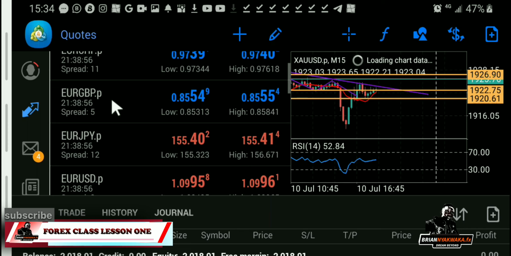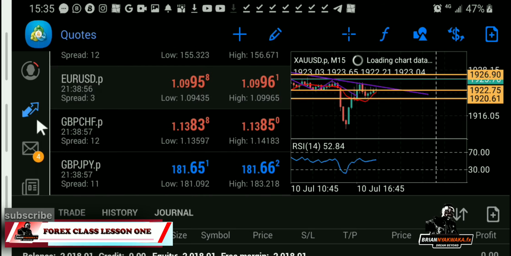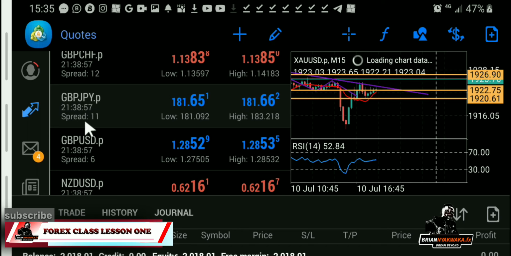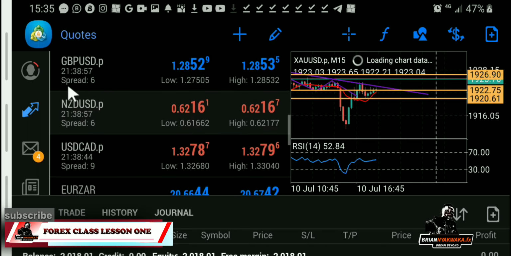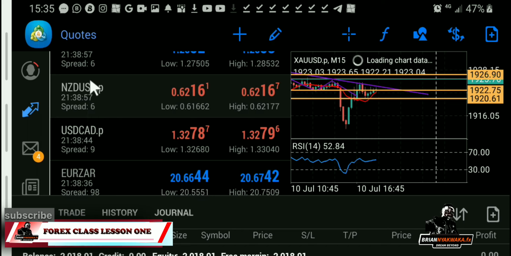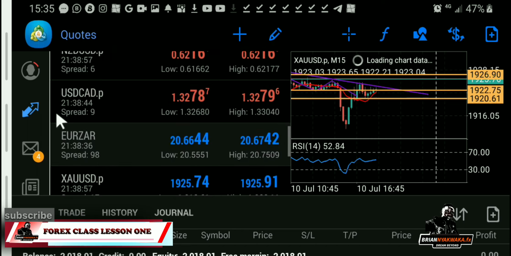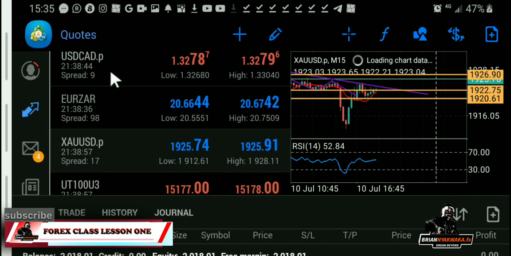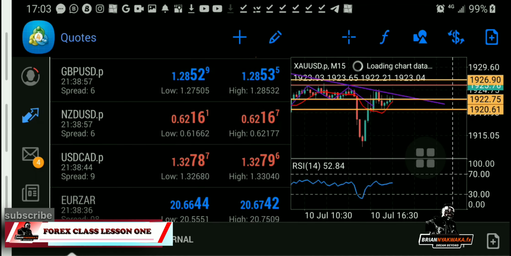We have euros paired to Great Britain pound, euros paired to Japanese yen. We have Great Britain pound paired to Swiss franc. We have Great Britain pound paired to Japanese yen. We have New Zealand dollar paired to this pair here. So any other pair that is not paired to United States dollar is a minor currency pair.